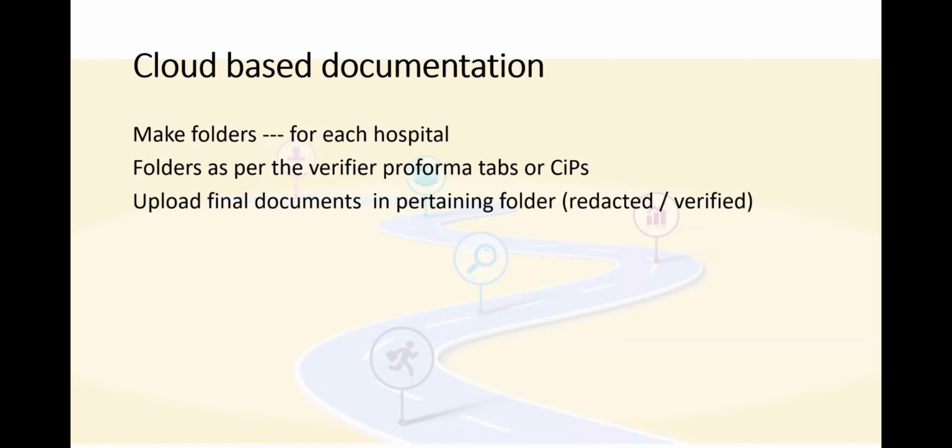Any of those you can use and make a large folder, which will be portfolio pathway, and then make folders for each hospital from where you are going to provide the evidence. Then you can divide the folders as per the verified performer tabs, which I shared last time, or CIPs. There were so many verified performer tabs, around 15 to 20, so you can group those together. For example, presentations and publications, if those are research related, you can group those together.